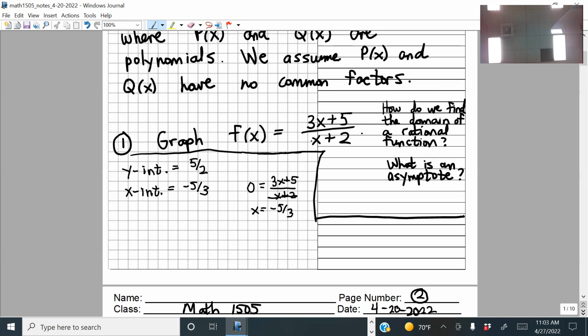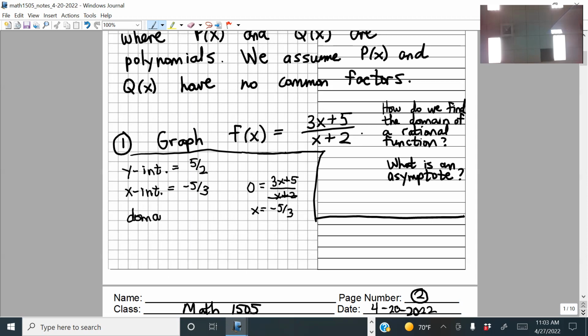But for rational functions, the domain is not that simple, because the formula involves division, right? And remember, when you have a function formula that involves division, you have to be careful about the domain because it might be restricted. So what numbers can we not include in the domain here in this rational function? So what now? -2, right?